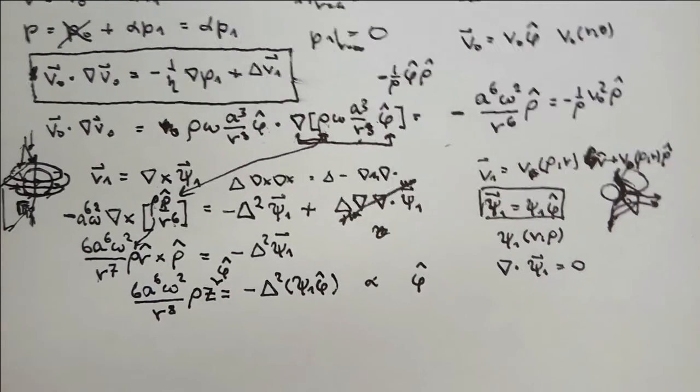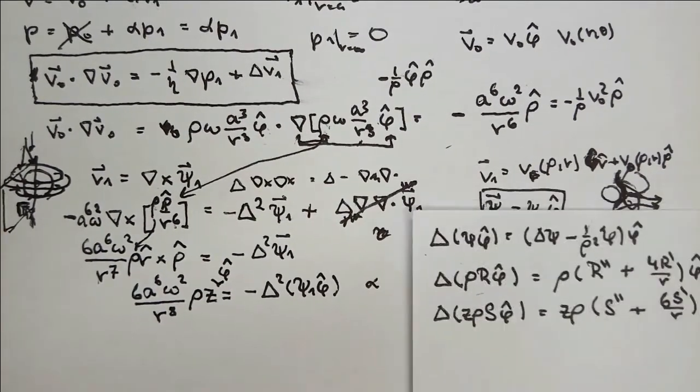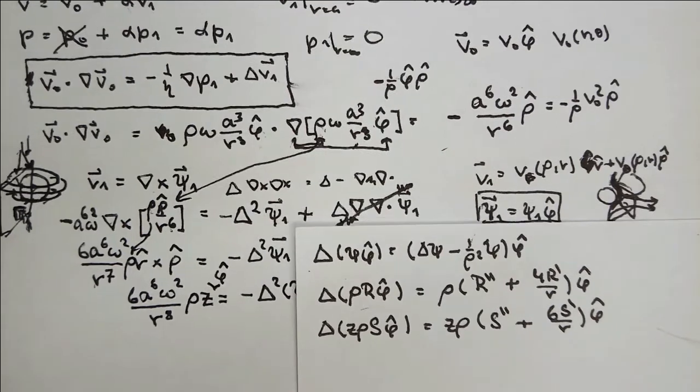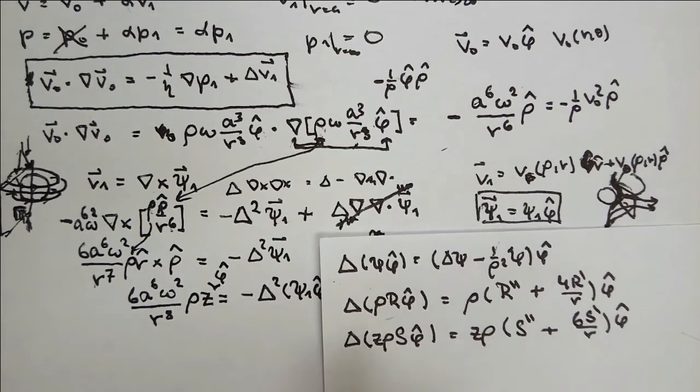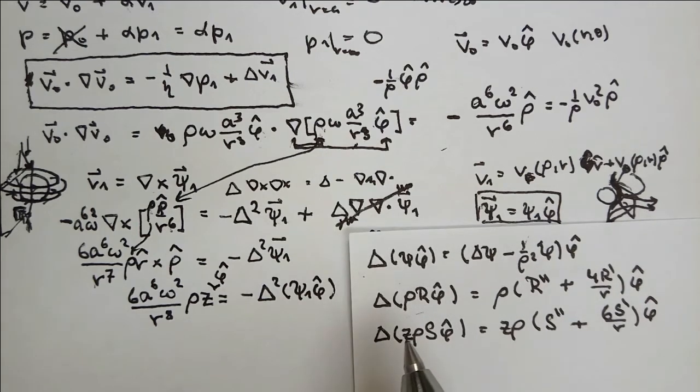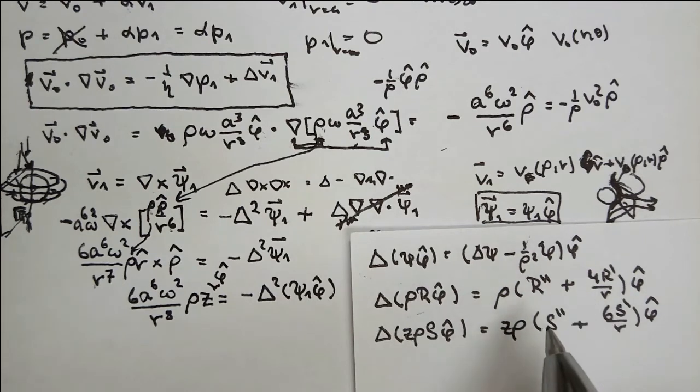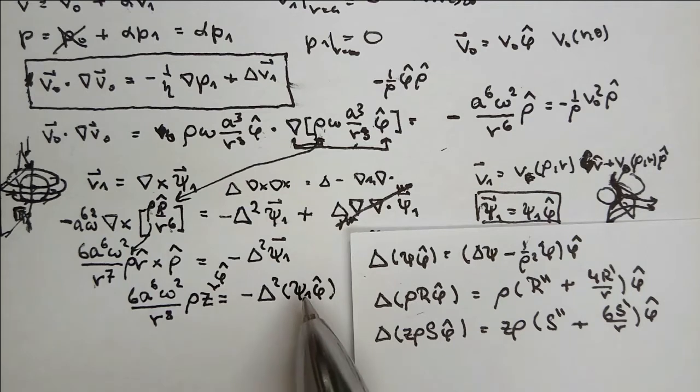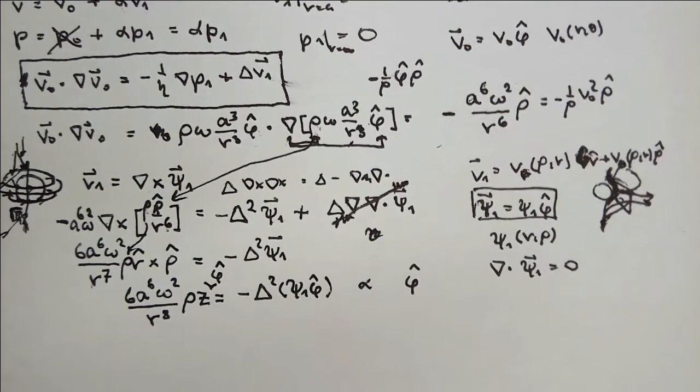So we write to our table in the last video on the Oseen approximation, and you can clearly see if we assume this kind of solution, which is 0, and there is some function of r, you will get the same result as on the left hand side, but with a different function of r. So I will try to use this as the solution for psi 1, and then you will see what will happen.